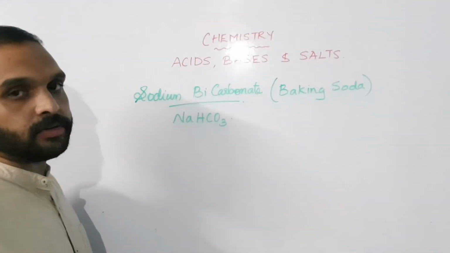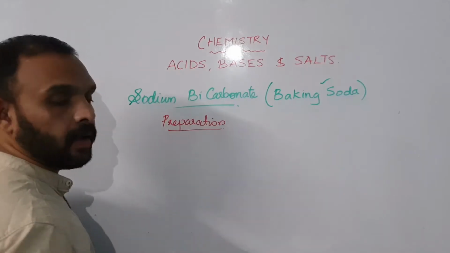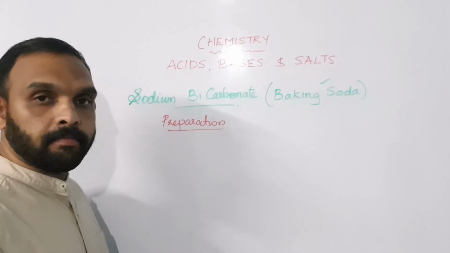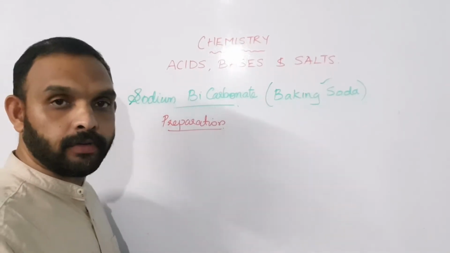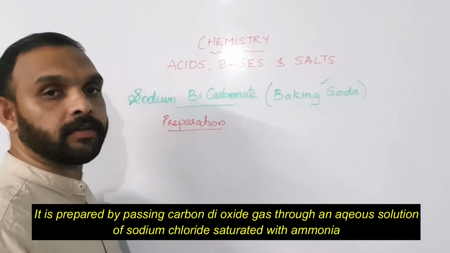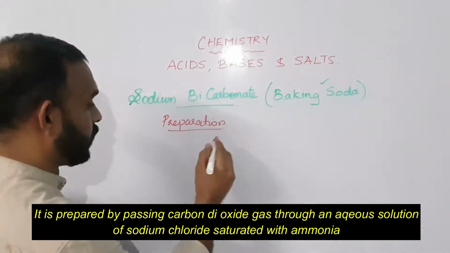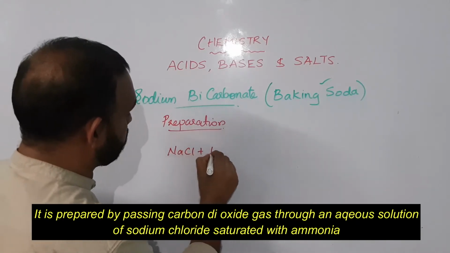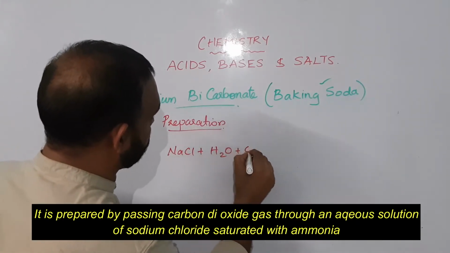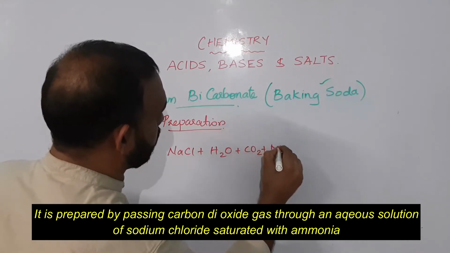Okay, let's go to the preparation. It is prepared by passing carbon dioxide gas through an aqueous solution of sodium chloride saturated with ammonia. We can write the equation as NaCl plus H2O plus CO2 plus NH3.